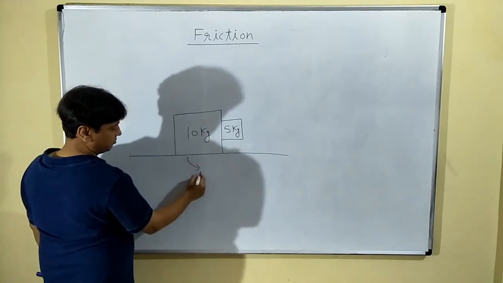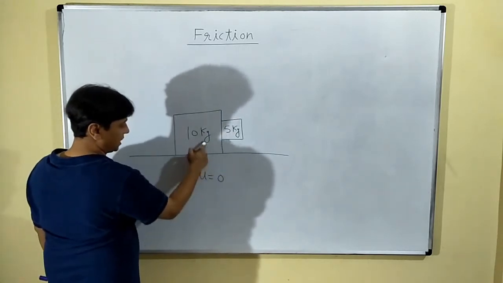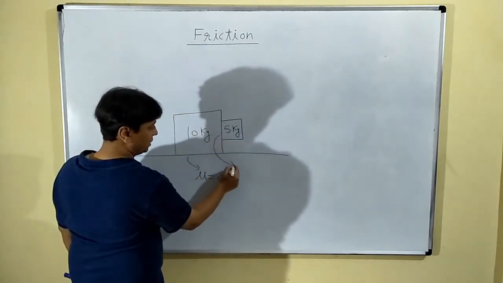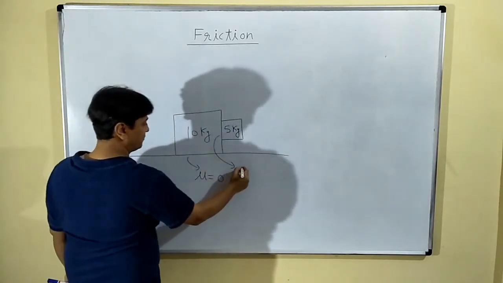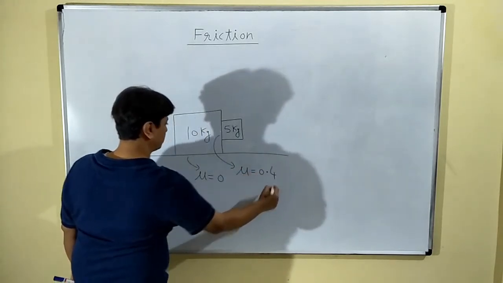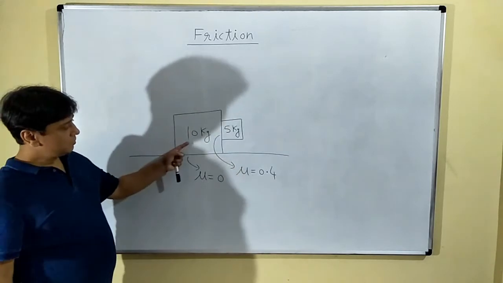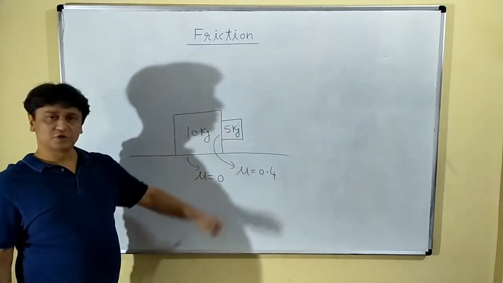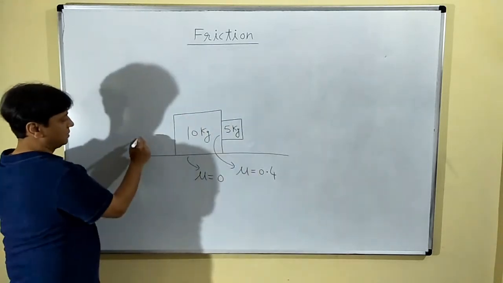There is no friction between 10 kg and ground, but friction is present between 10 kg and 5 kg. Let's say this mu is 0.4. Between 10 and ground there is no friction. Between 5 and 10, coefficient of friction is what? 0.4.